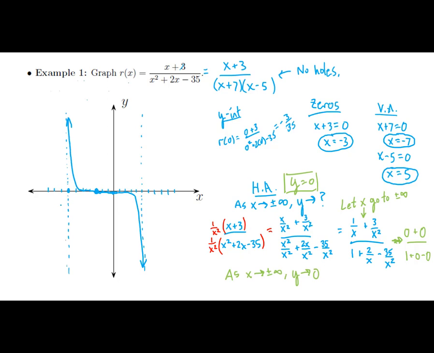So how do we figure out what's happening on the outside of these vertical asymptotes? So let's start over here on the left. There's a couple ways to think about this. One is that if it's positive on one side of the vertical asymptote, then it should switch signs on the other side of the vertical asymptote as long as the factor that's producing that asymptote is only to the first power.